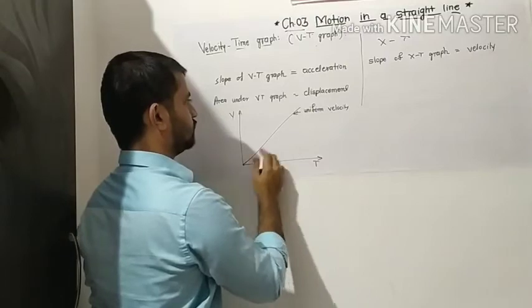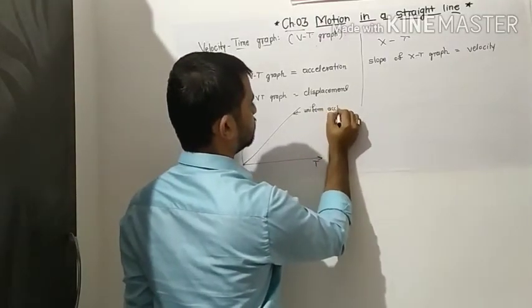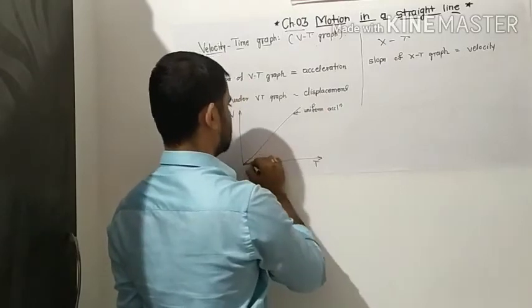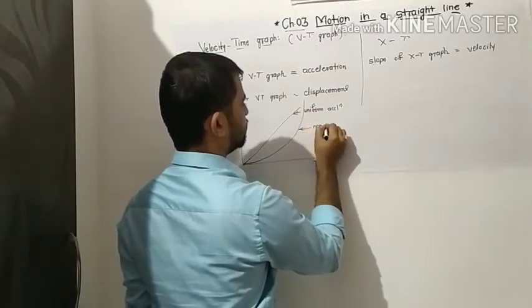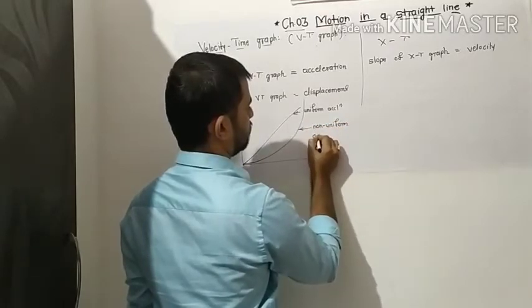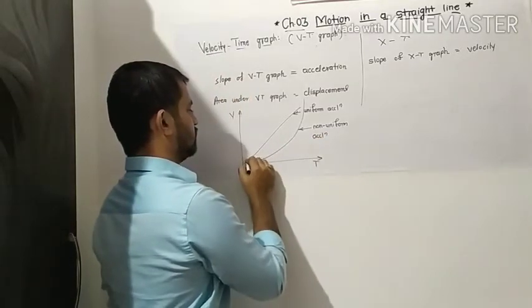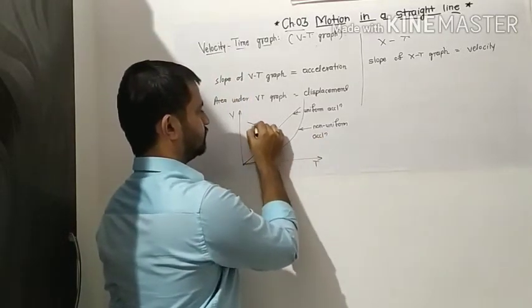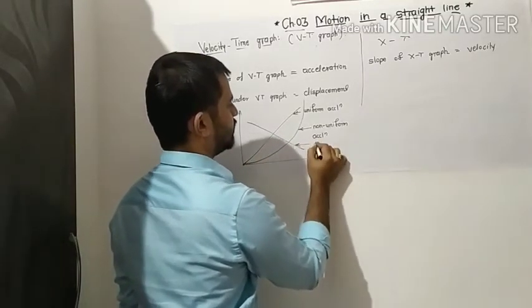Thus such a straight line indicates the uniform acceleration. Such a curve will give us the non-uniform acceleration. Then if we get a curve like this, such a curve will give us the retardation.